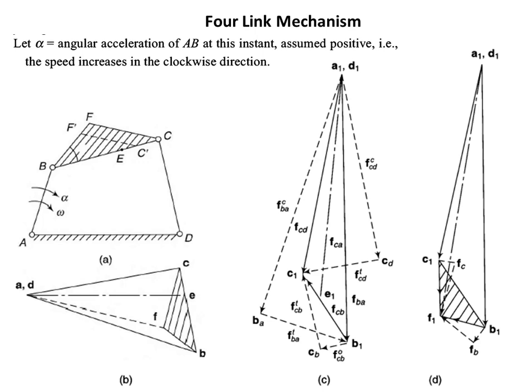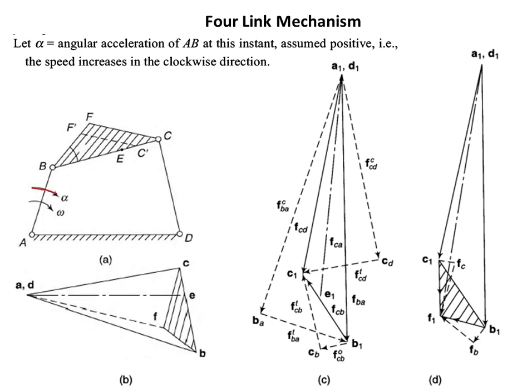Okay. So here I have taken a 4-bar mechanism. You can see AB, then CD. This is a 4-bar mechanism where BFC is forming a ternary link. Okay. So this is entirely one link, and in this case alpha is nothing but the angular acceleration that is given in the clockwise direction.